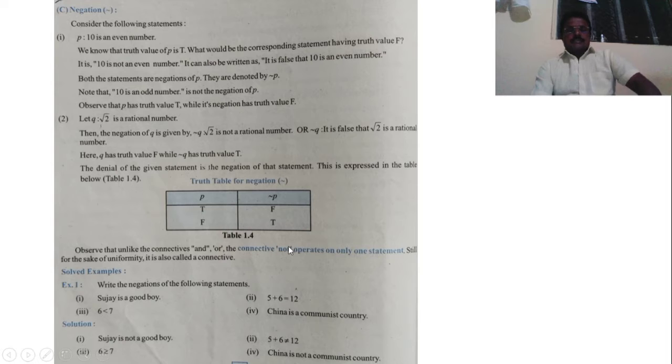Next example: China is a communist country. Its negation is China is not a communist country.